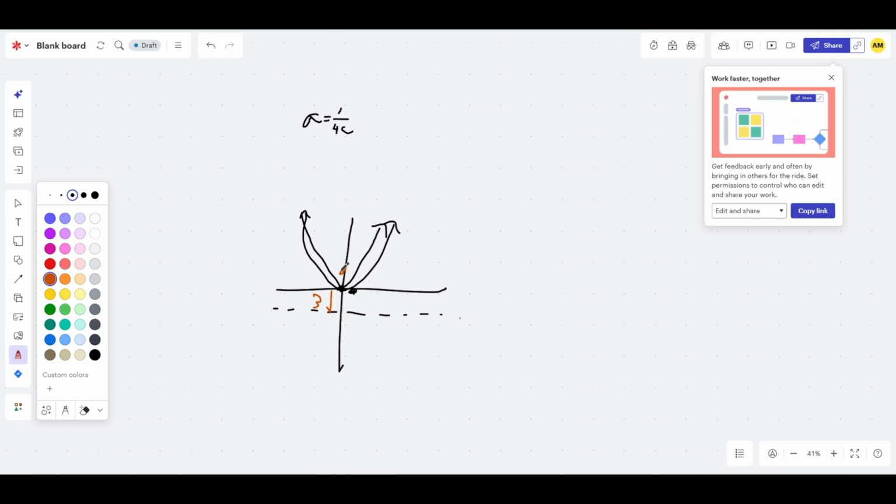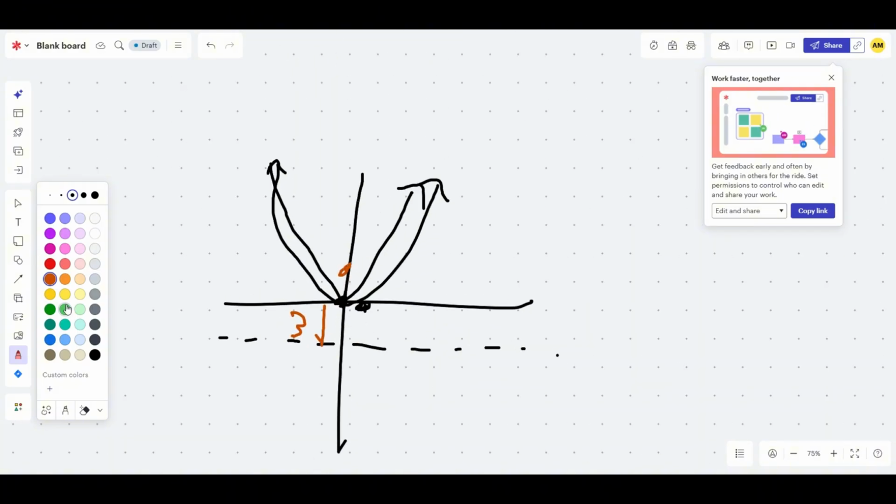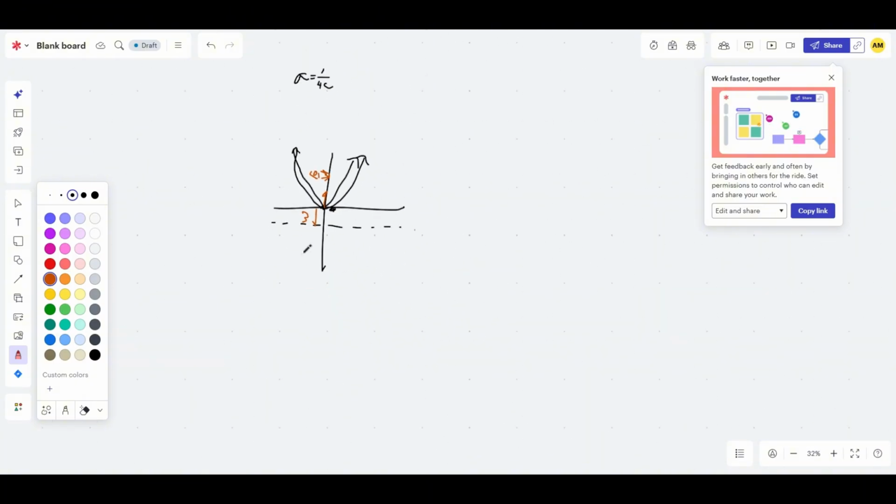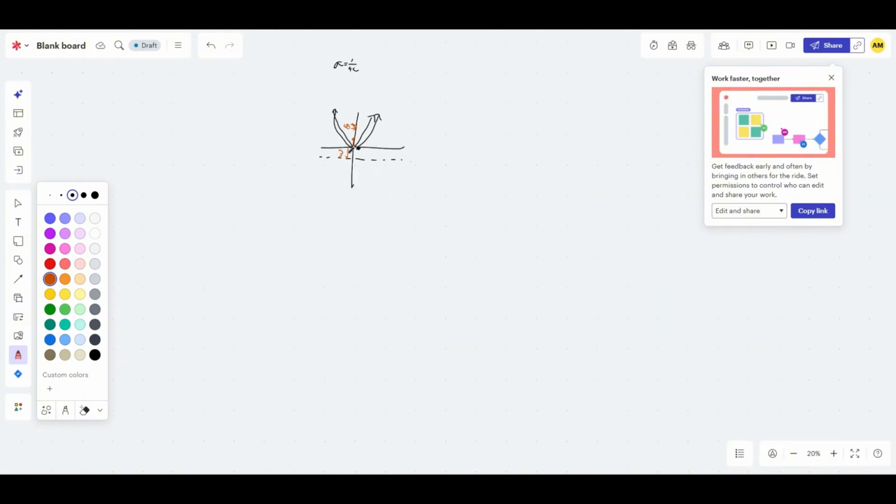The focus point is basically in the direction of the parabola. In this case, the focus point will be 3 above the origin, so it'll be 0, comma 3. But also in many problems they'll be asking what is a. You're supposed to find what a is.